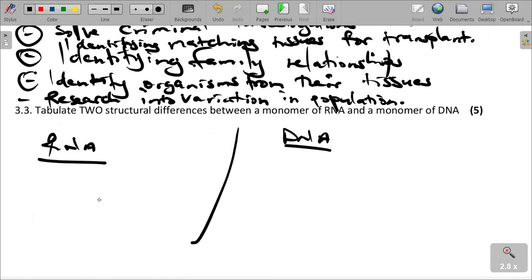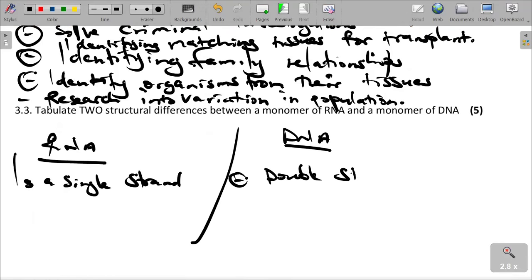RNA is a single strand. DNA is double stranded. There are two strands that form DNA. And then RNA has ribose sugar.